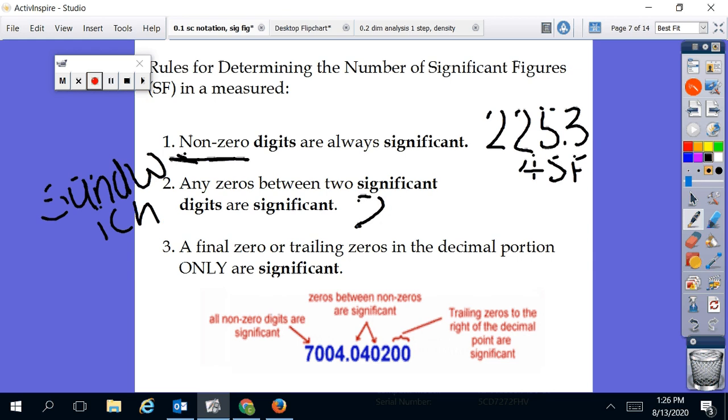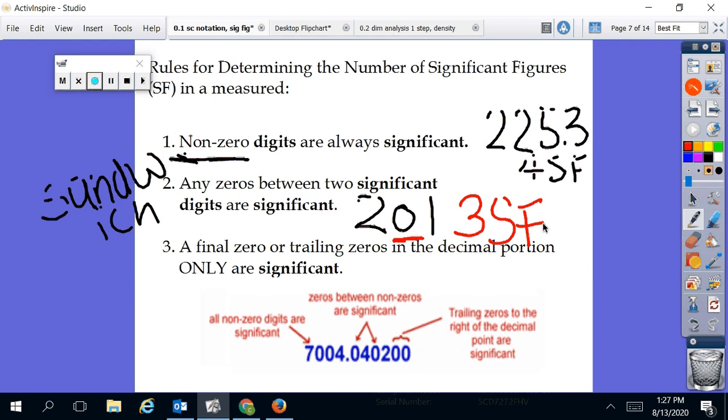So what if I had a number like 201? Since this 0 is sandwiched between 2 significant digits, that must be significant as well. So this has 3 significant figures.